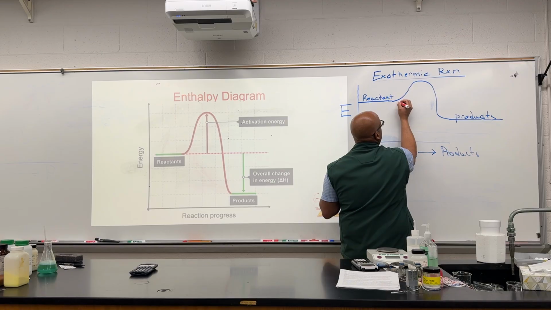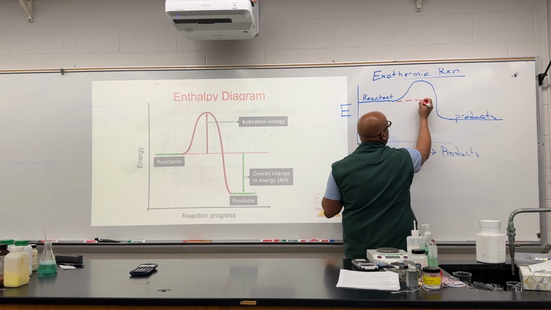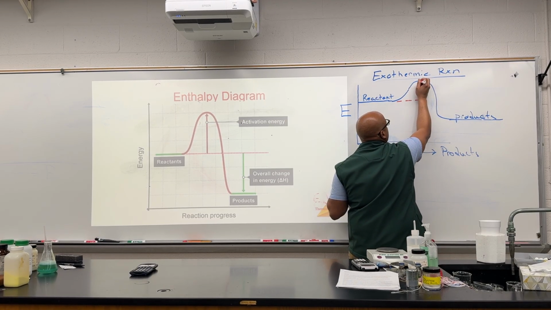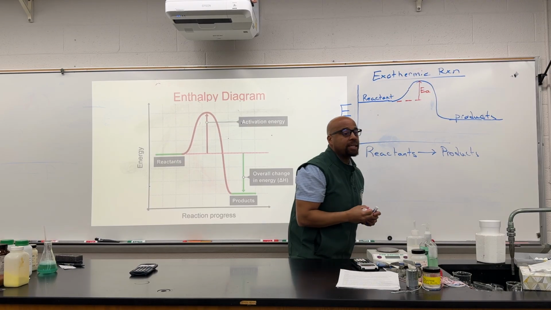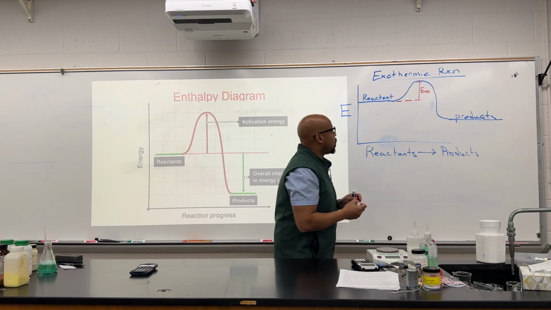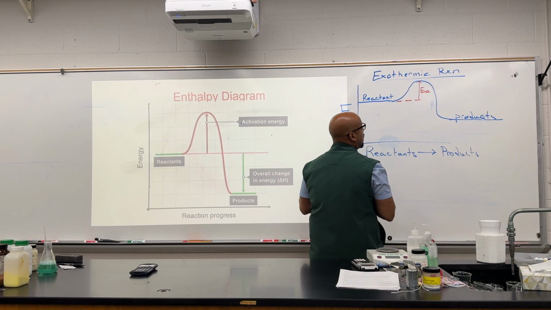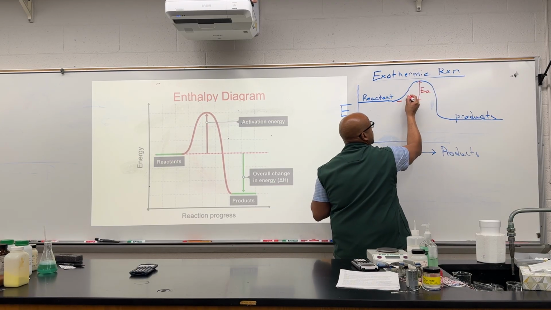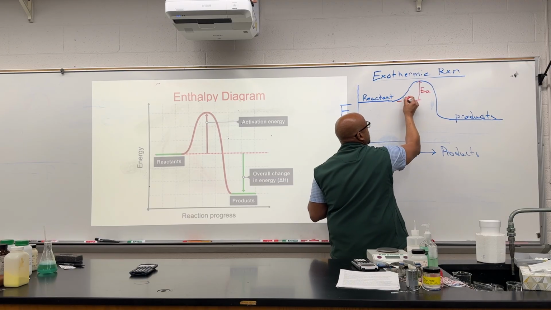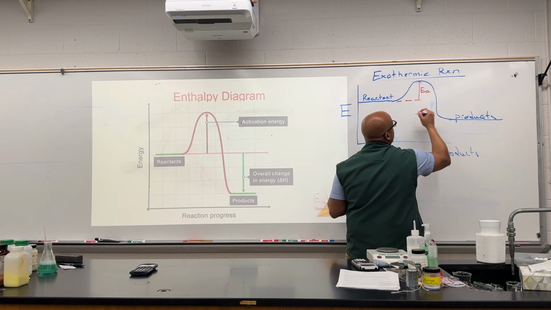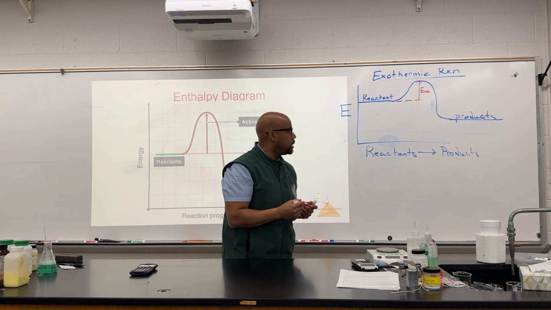There's some minimum amount of energy to get up to the top of that hill, and we call this our activation energy. So long as I give it that amount of energy, it's going to transition over to the product side. If I give it less than that amount of energy, it can't do it. But if you give me at least that minimum, it's going over there.